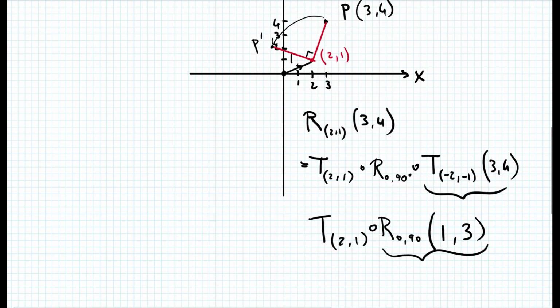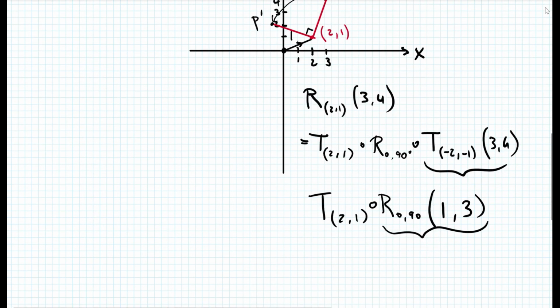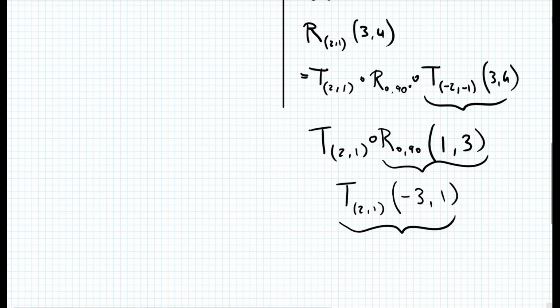Again, if you rotate (1, 3) over the origin by 90 degrees, you negate the y and write x, so it's (-y, x). So it will be (-3, 1). Now we're going to translate the point back by (2, 1), so we're adding these. So 2 plus negative 3 is negative 1, and 1 plus 1 is 2.